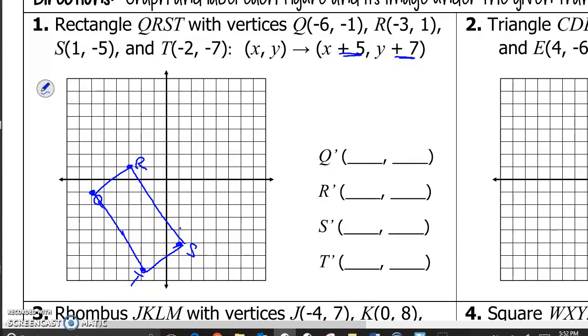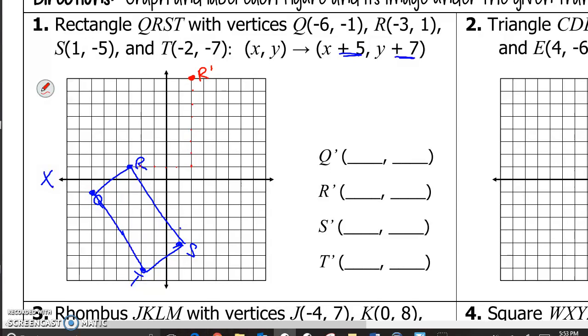So we know on the x-axis, we're moving it +5. So we could count, we're going 1, 2, 3, 4, 5 horizontally, and then 7, we're going up on the y. So 1, 2, 3, 4, 5, 6, 7. So this is where our new point R would be.